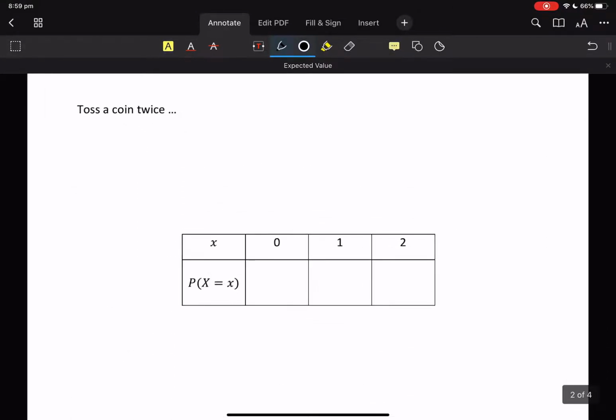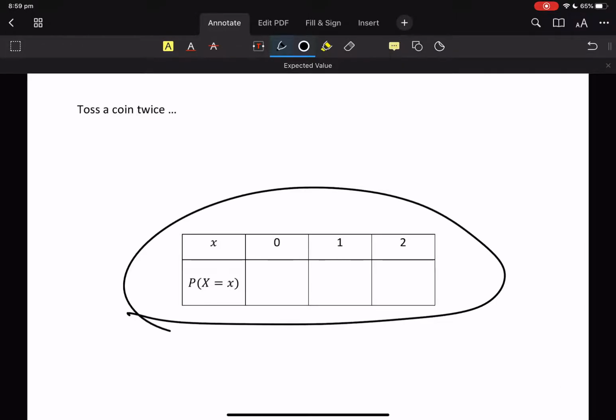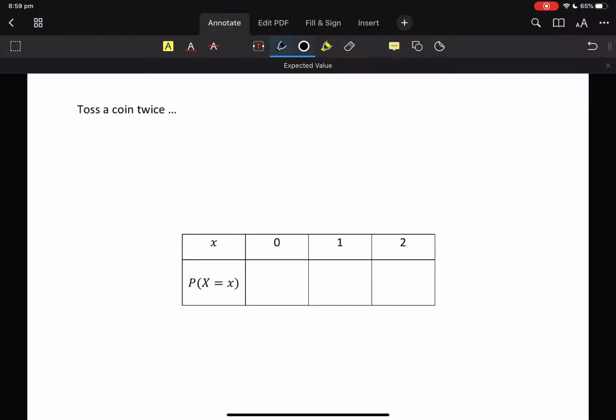I'm going to toss a coin twice, and this is a straight up probability distribution. In your test, this will be a no calculator scenario, and you need to fill in the probability of getting 0. See that capital X? We're going to call capital X getting a head.